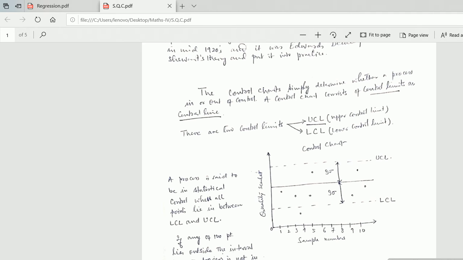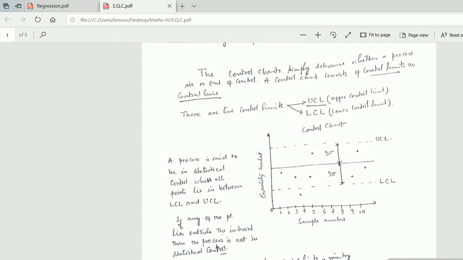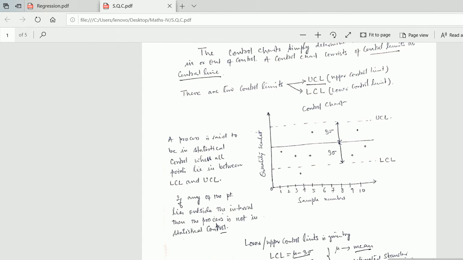This is the dotted line LCL, this is UCL, and this is the central line. The distance from the upper control limit or lower control limit to the central line is 3 sigma. On the X axis I have given the sample numbers 1, 2, 3, 4, 5, 6, 7, 8, 9, 10. On the Y axis we have given the quality scale.